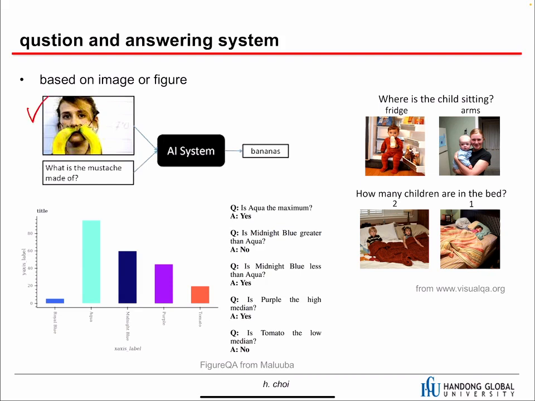Given this image and this question, the AI system can answer this question. Or given this figure, the AI system can answer some specific question. These are not perfect yet, but getting better, and pretty soon it will be good enough.